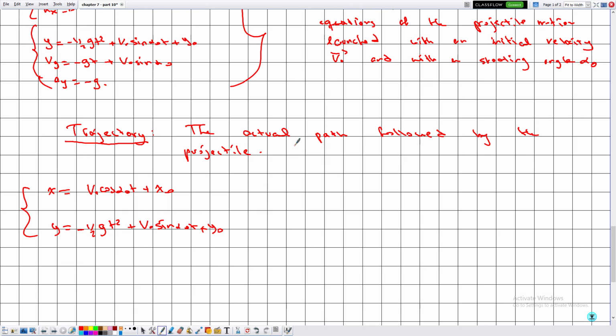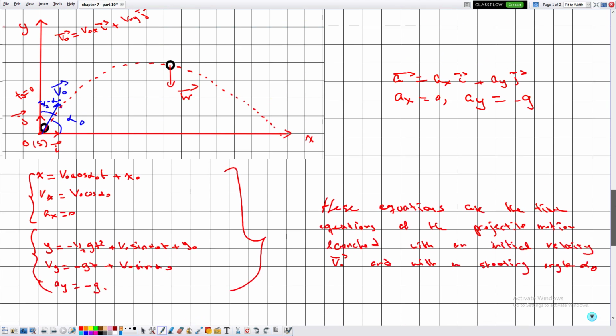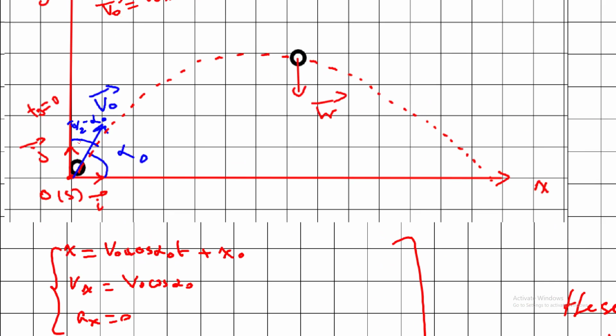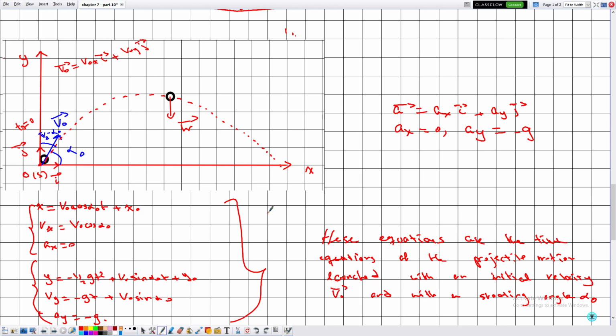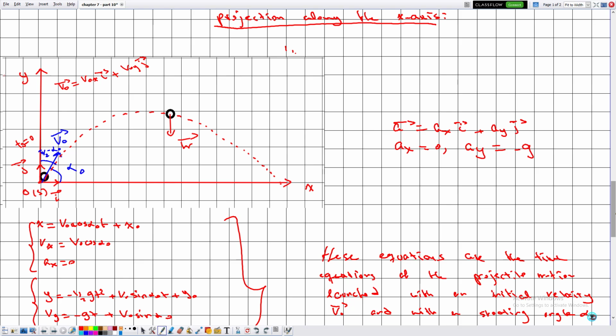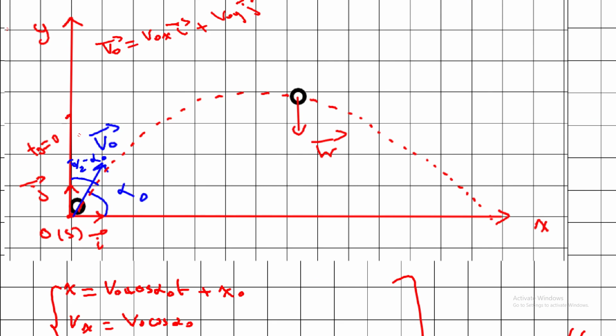And now let's consider the particular case in which x0 is equal to 0 and y0 is equal to 0. And this is the case because we are launching from the origin. In other exercises, it may happen that we may launch the object from here. So x0 in this case will be 0, but y0 will be different than 0, okay?